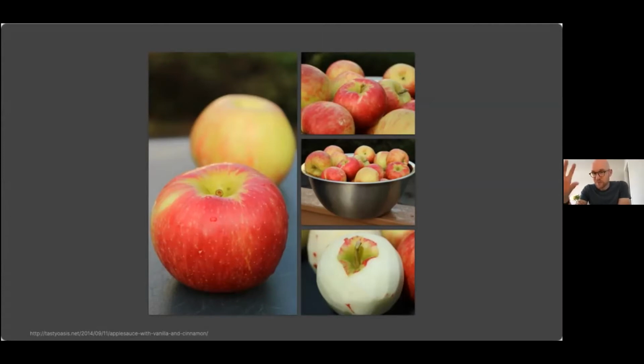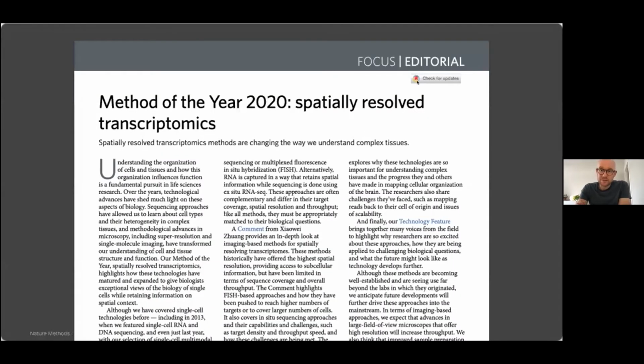We're trying to maybe first of all establish what cell types are there in a specific organ, say in your brain or in your kidney or in your liver, to essentially come up with the census of cells that are available, and then figure out what all of these different cell types are doing, how they're interacting with each other, and what we can learn about biology when we start moving from applesauce to apples, essentially.